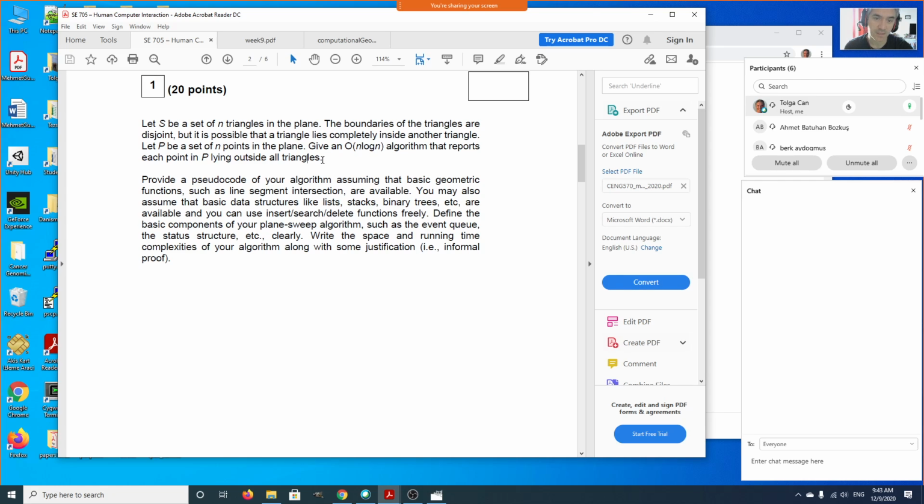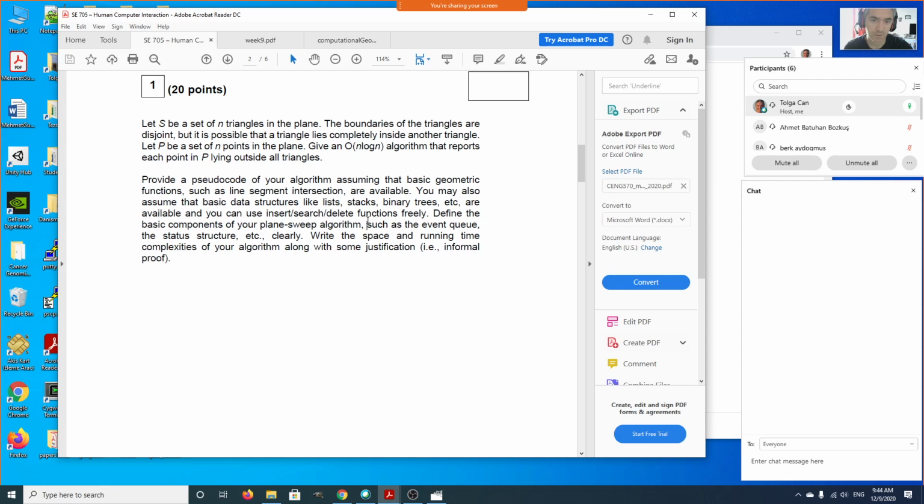I mean, we could build a trapezoidal map of those triangles, and it will give you an expected O(n log n) time. Actually, I wasn't careful about wording the answer. I wasn't looking for a trapezoidal map solution, so I should have said here a worst case O(n log n) algorithm. But yeah, I think there was only one solution that used trapezoidal maps which got full credit, because that's also an O(n log n) algorithm. It says expected O(n log n) running time.